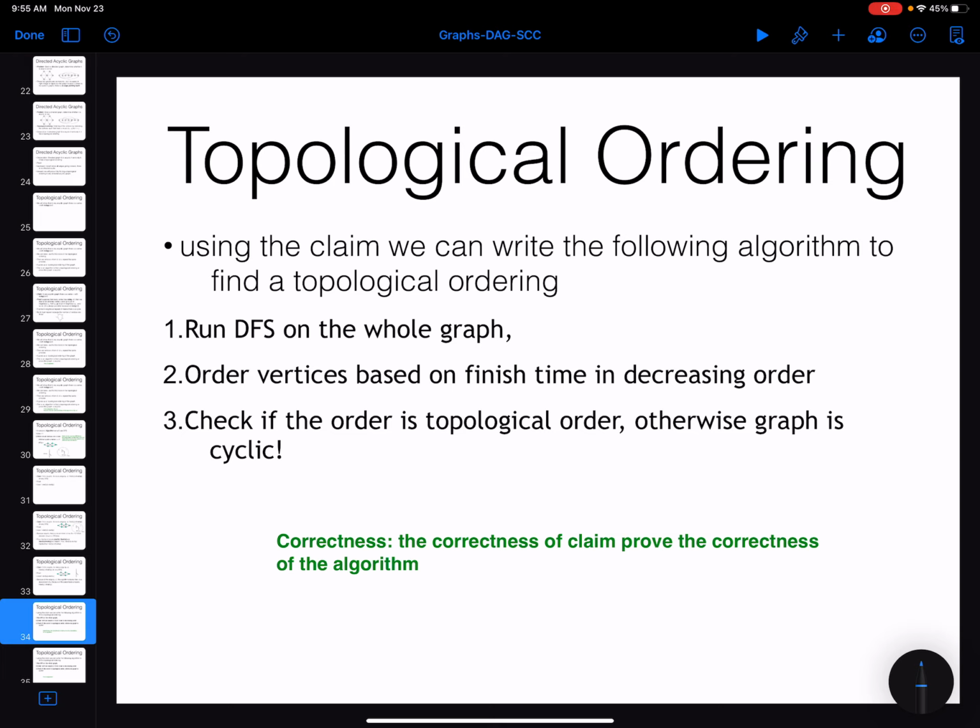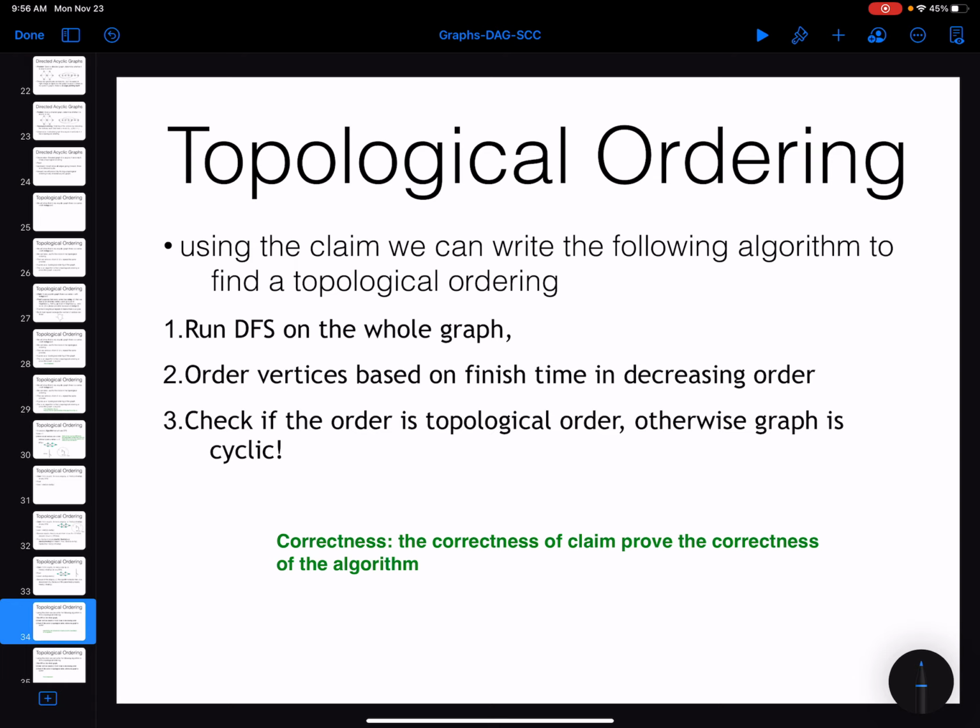So this gives me the algorithm. The total algorithm is that you run the DFS and then just put the vertices in the reversed finish time order.